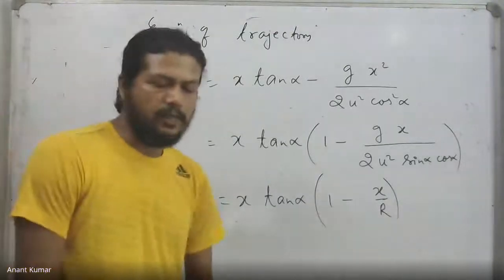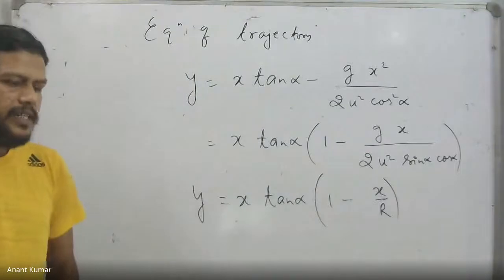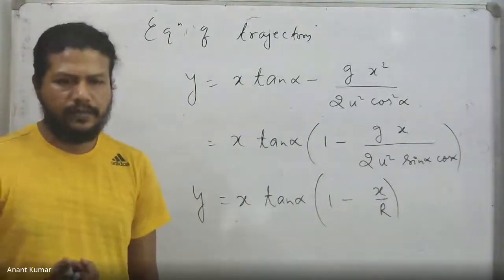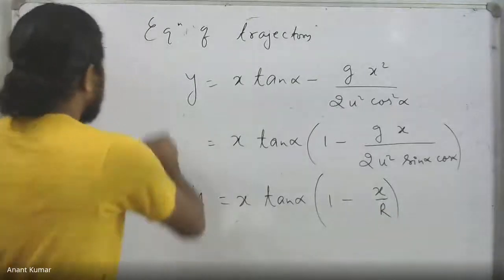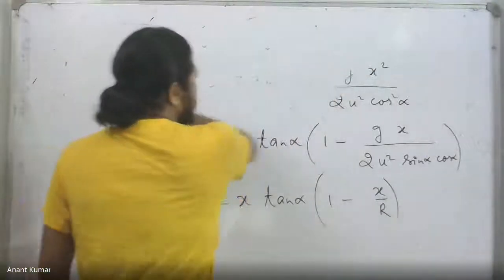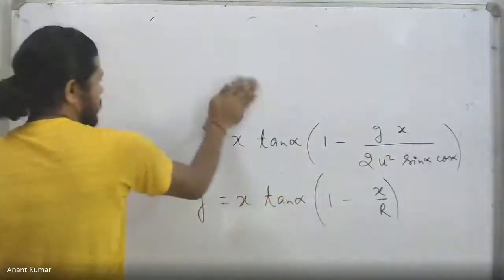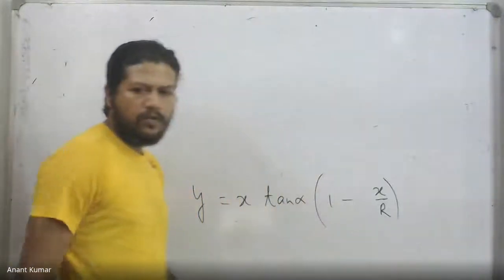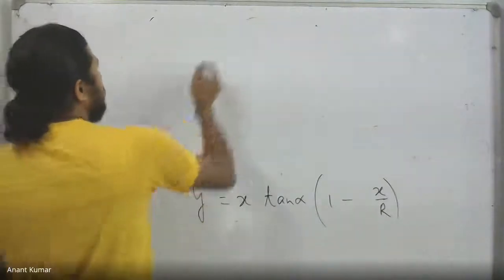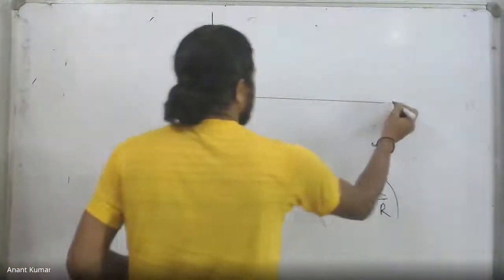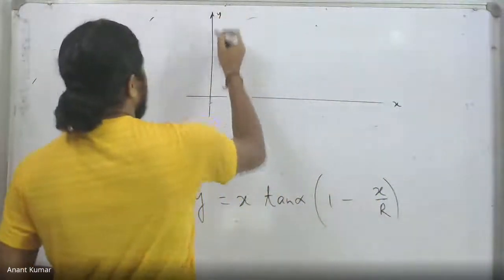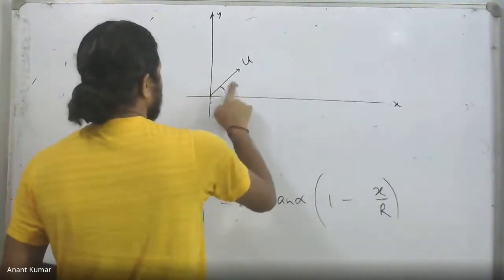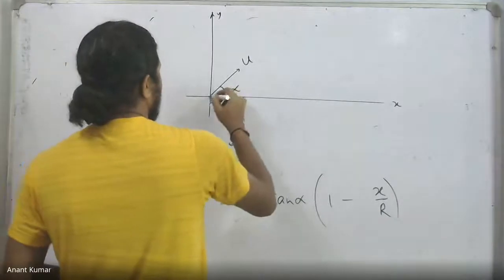yes, there's a couple of things. For example, I might see how the speed of the projectile changes with respect to the height. If I consider the speed of the projectile as a function of height, the height implies in this case the y coordinate I was talking about. But say, for example, that I projected a projectile, thrown from the ground at a speed u, angle alpha, and the path is like this.